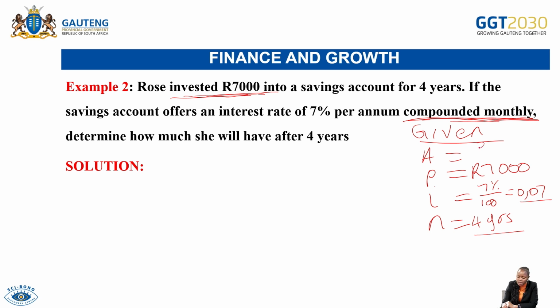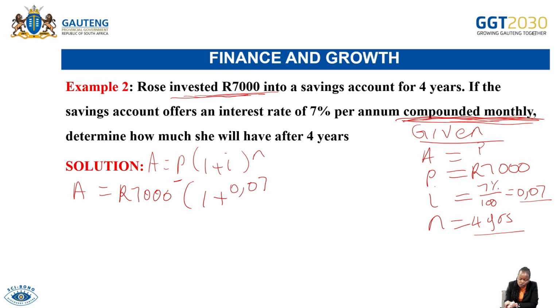So the amount that is accumulated, which is our A, or the final amount, is the amount that we are finding right now. So you'll say A equals P into 1 plus i to the exponent n. How did I know that I'm supposed to use the formula of compound interest instead of the simple interest? They said compounded monthly. Ne? So you say A equals P, which is given as 7,000, times 1 plus your i, given as 0,07.